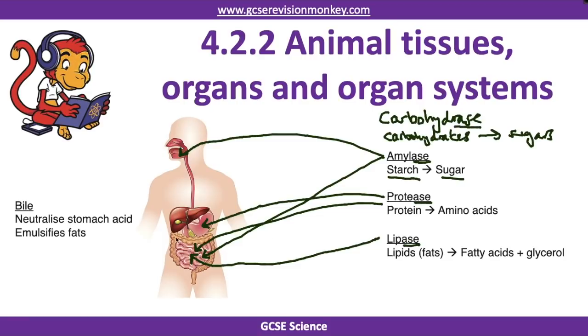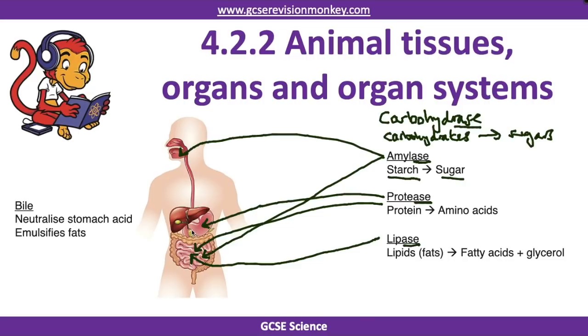So most of the digestion is happening in the small intestine because all three enzymes are working there, breaking down the large molecules into smaller ones. Amylase breaks down starch into sugar, protease breaks down protein into amino acids, and lipase breaks down lipids, which are fats, into fatty acids and glycerol.